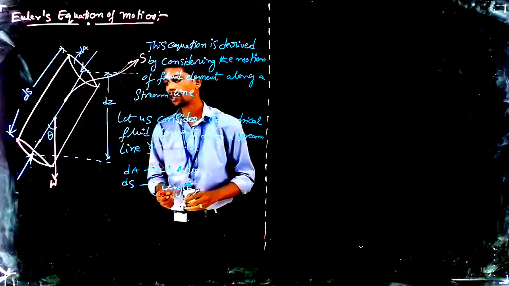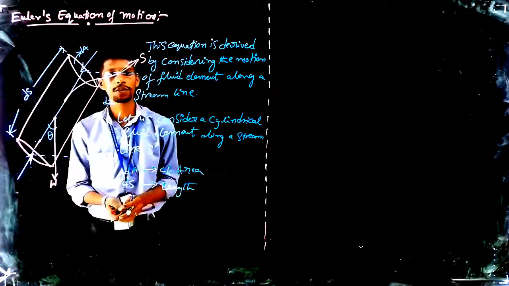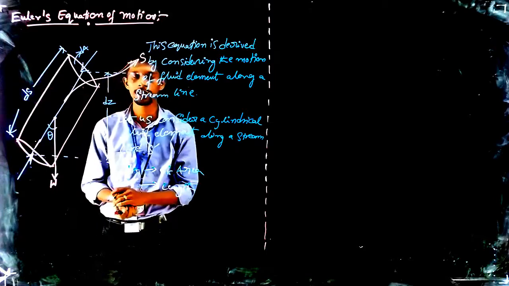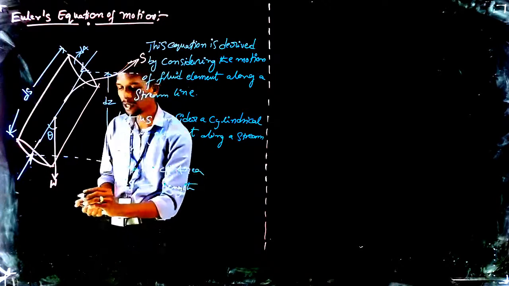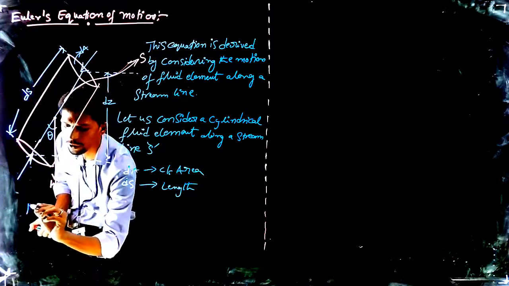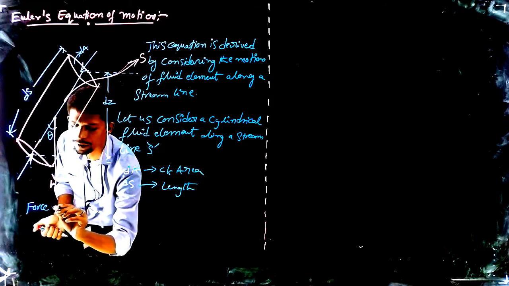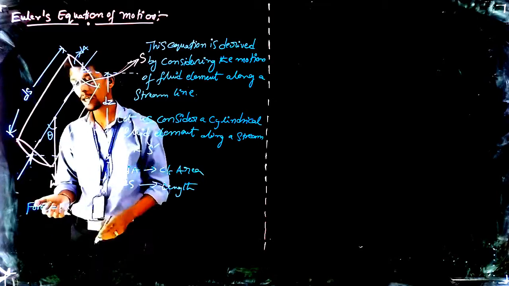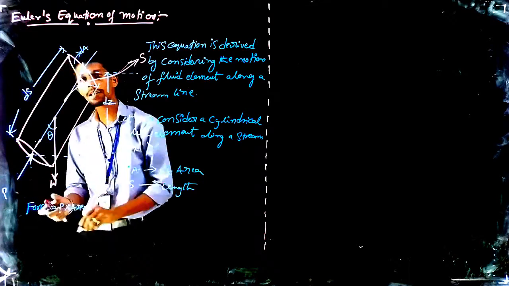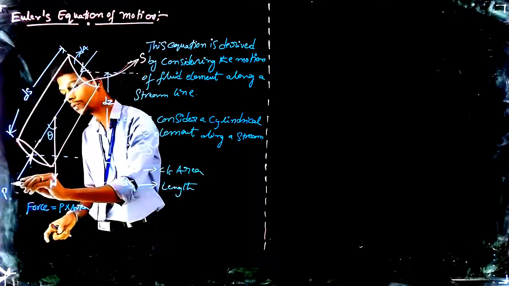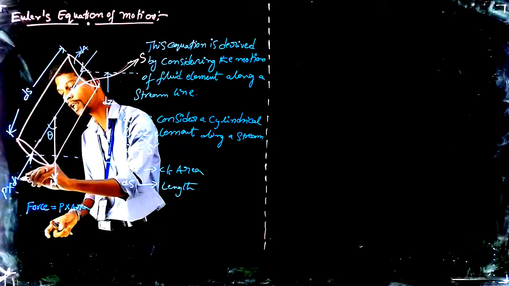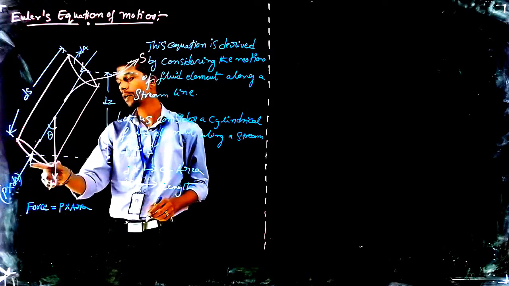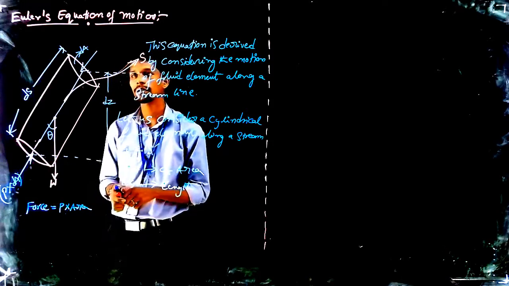So first of all, what pressure forces act on this particular fluid element on both of the faces? To determine the force, what do we need? Pressure into area, right? So here small p is the pressure, and the area here is dA, okay. So p into dA will be the pressure force on this face.